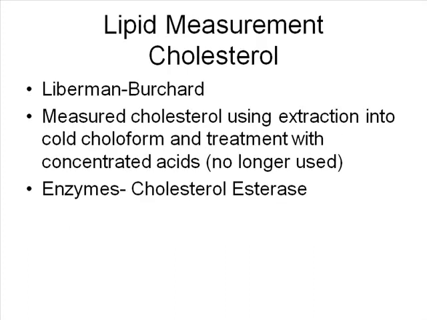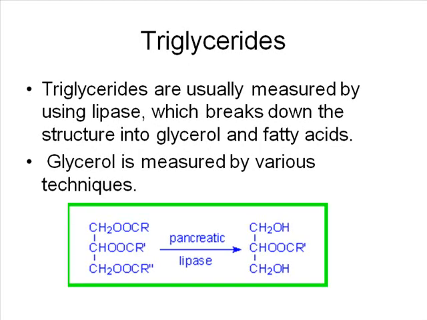Now, the old method of cholesterol methodology is the Lieberman-Burchard reaction, which is no longer used because it used very strong acids. The reagent that we use now is an enzyme, cholesterol esterase, as is most of the reagents that we use on the instrument. Many of them now are enzymes used as reagents.